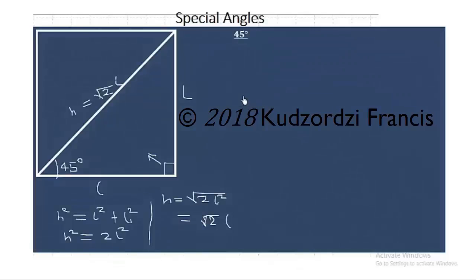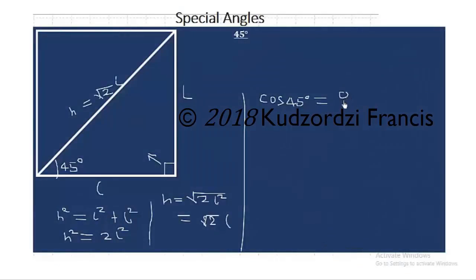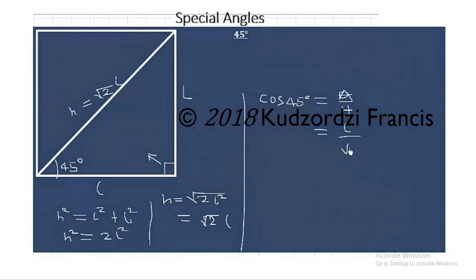So the cosine of the 45 degrees angle, we know that the cosine ratio is equal to adjacent over the hypotenuse. Now the adjacent is equal to L and the hypotenuse is equal to root 2 L. So this will cancel this.